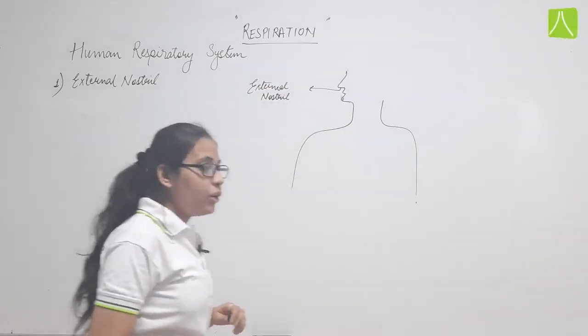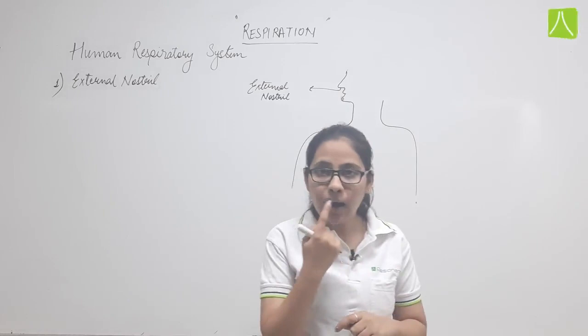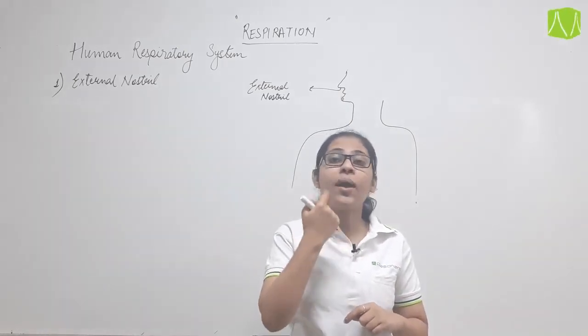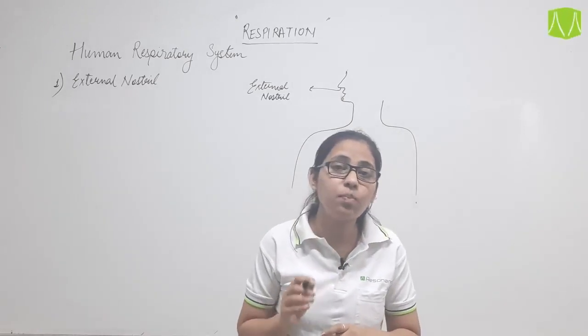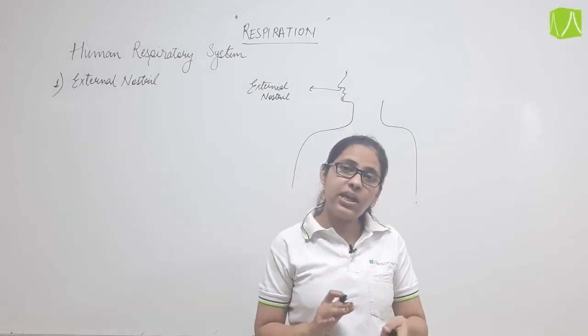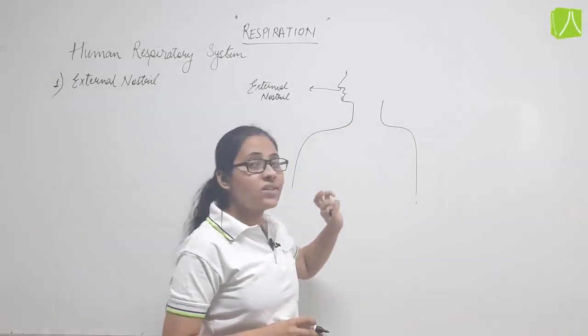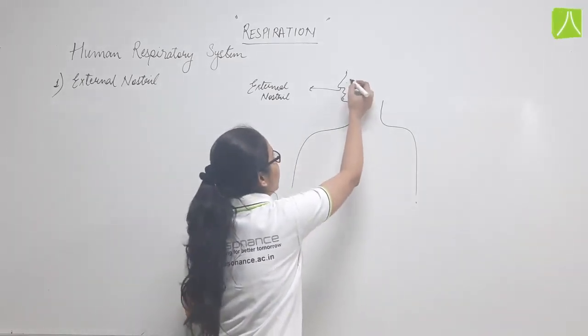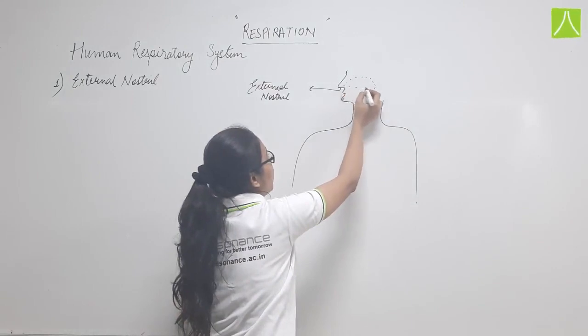Now we know that our mouth is again an opening. Our mouth opens into a chamber or cavity which is known as buccal cavity. Similarly, the nostril opens into a chamber.